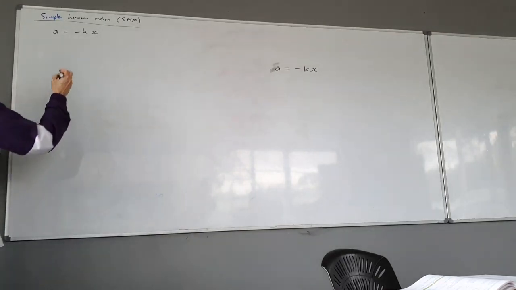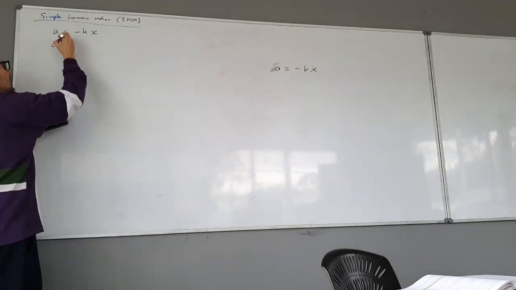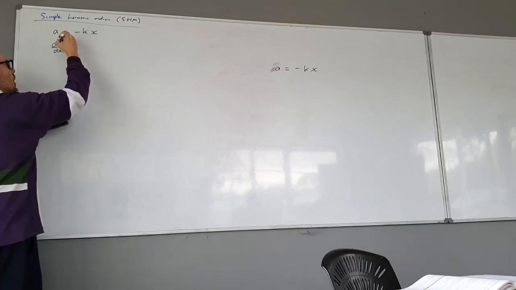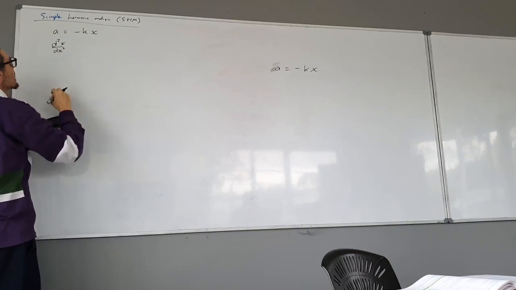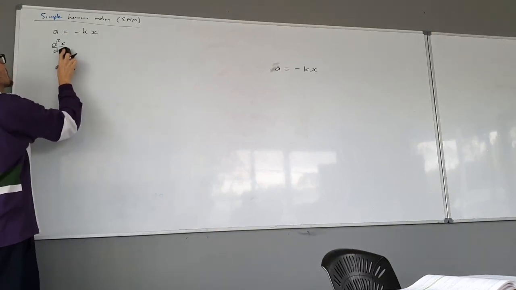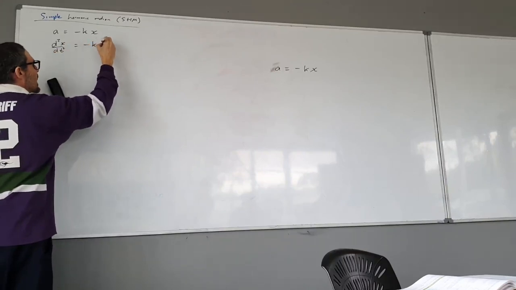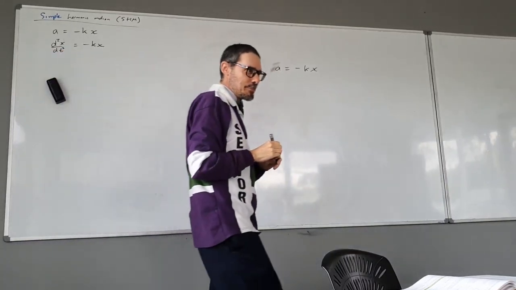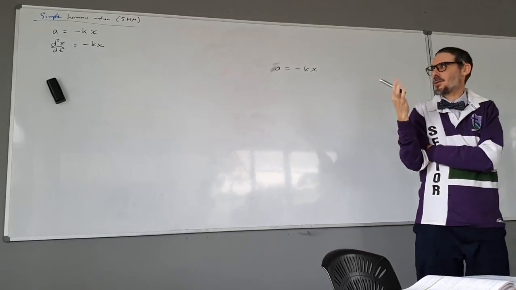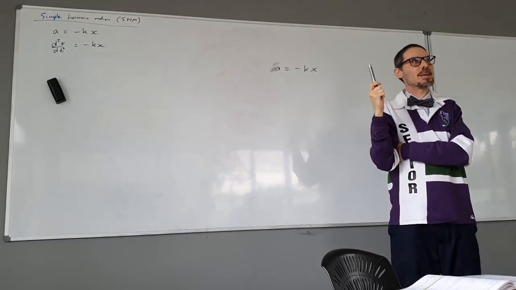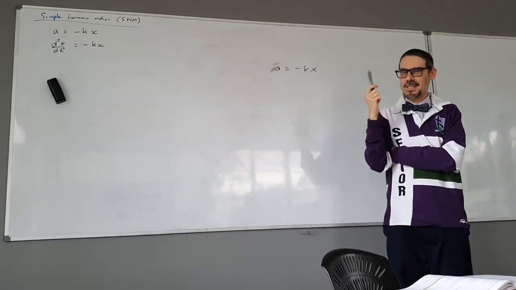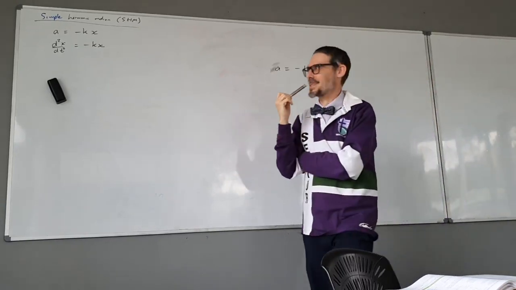If I write acceleration as the second derivative of x with respect to time, it equals negative kx. k is some constant. I'm actually going to replace k with something else in a minute, but this will do to get us thinking.